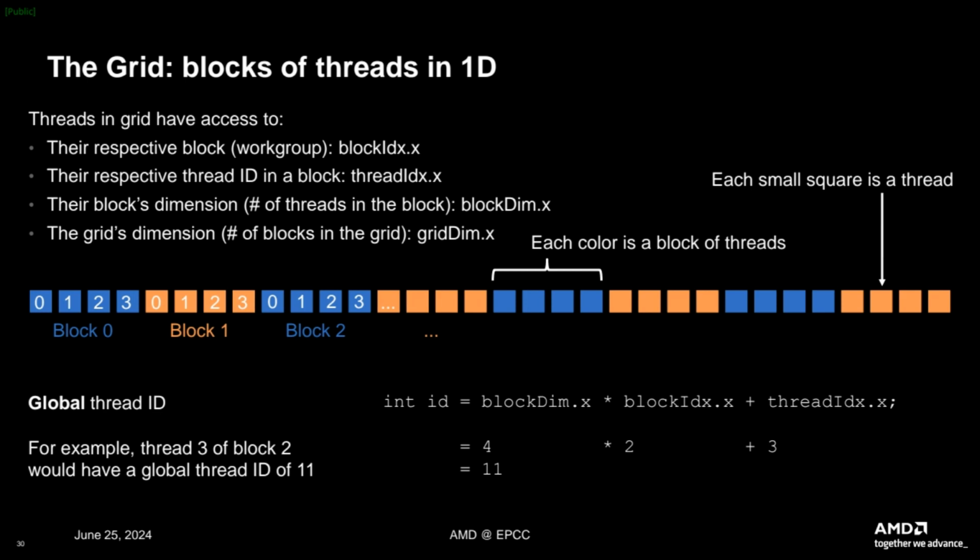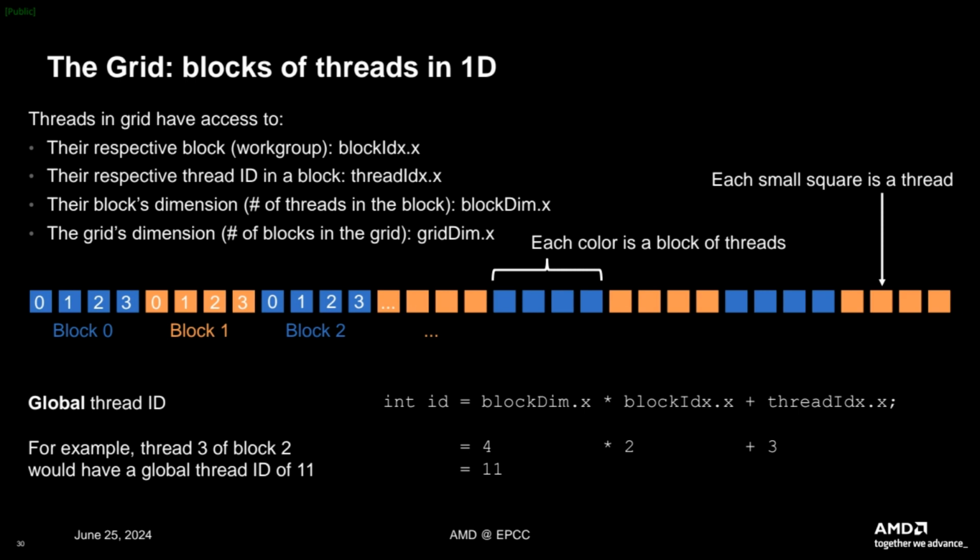This blockIdx.x is basically telling you the index of the block in the grid. So blockIdx.x equal to 2 means this is the third block here, the second blue one. And then threadIdx.x is telling you the local indexing of your thread within the block, basically.